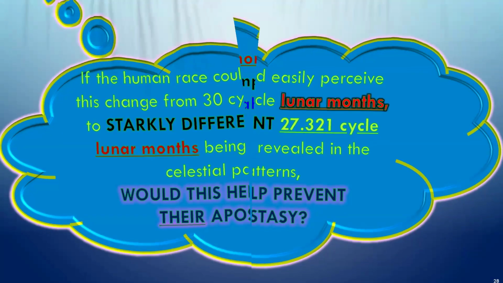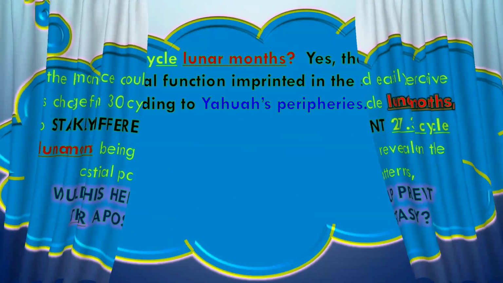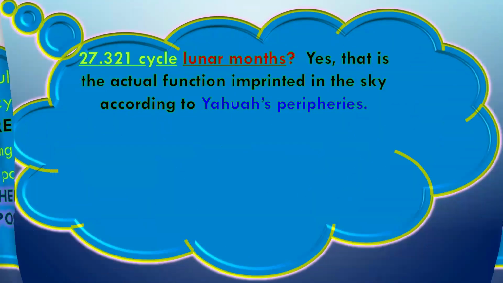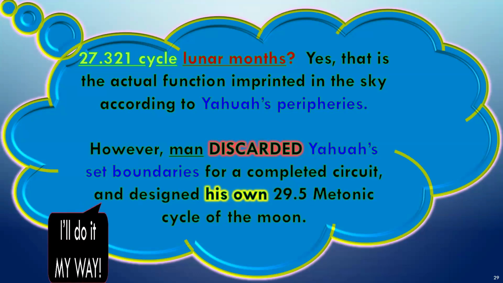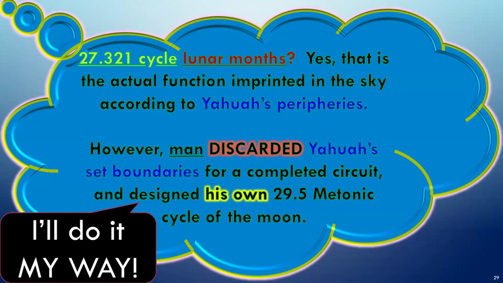It's not a 30-day month. Yes, that is the actual function imprinted in the sky according to Yahuwah's peripheries. However, man discarded Yahuwah's set boundaries for a completed circuit and designed his own 29.5-day metonic cycle of the moon. Man, in essence, said, I'll do it my way.